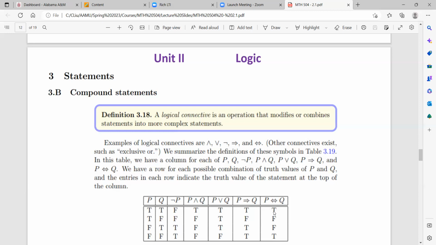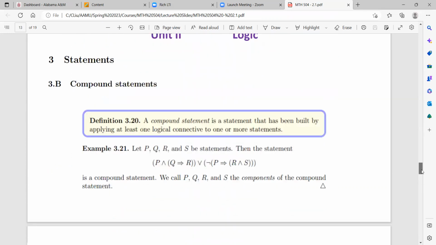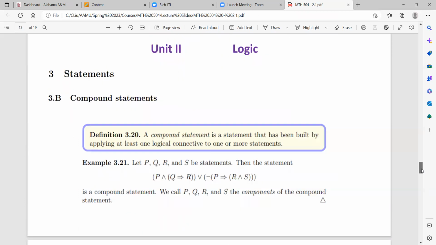P if and only if Q is true because P and Q have the same truth value, and they are logically equivalent. Okay. So this table gives the truth values of common compound statements we already discussed. Any questions so far?